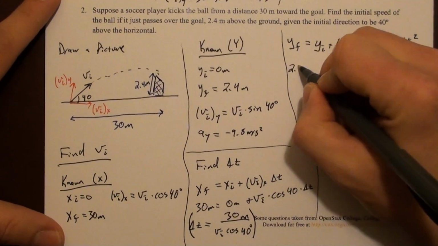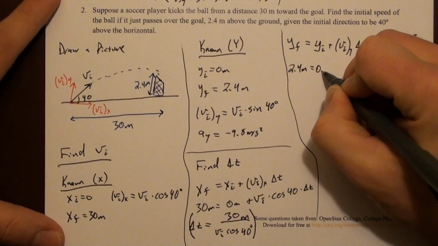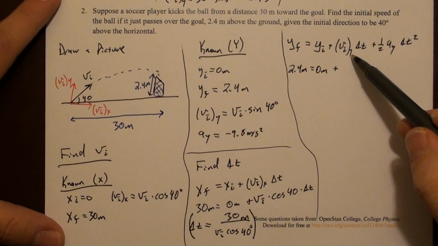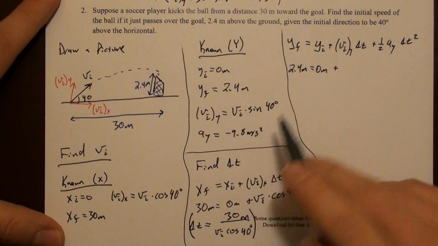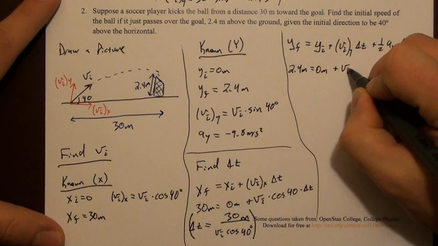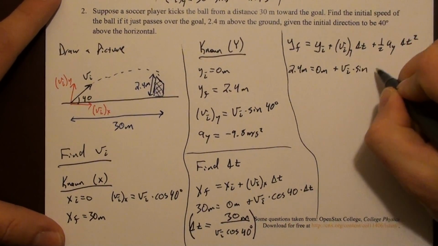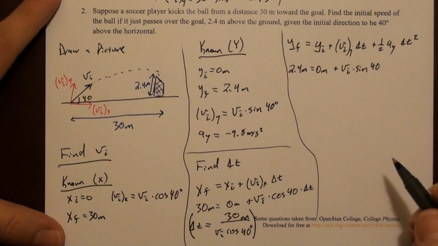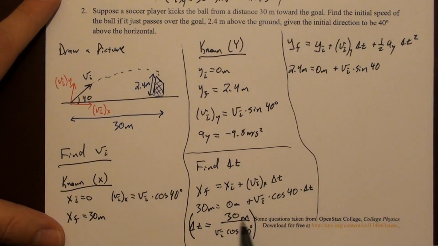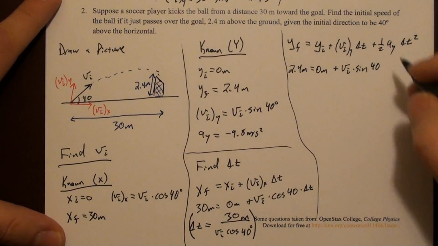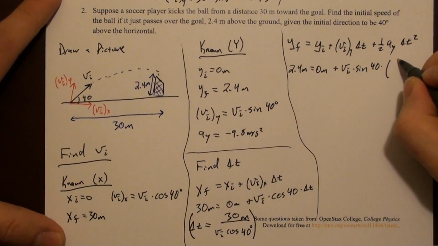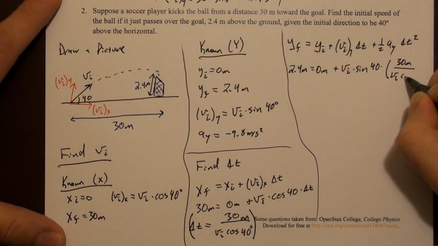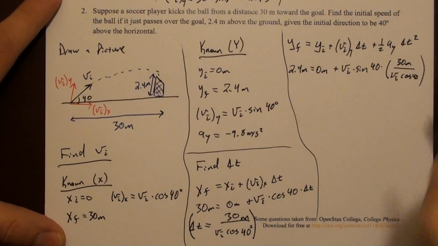That's 2.4 equals 0 plus, again, the expression for v initial y here has a sine 40 in it, so that's v initial sine 40, and then delta t is this 30 over v initial cosine 40, so that's 30 divided by v initial cosine 40.